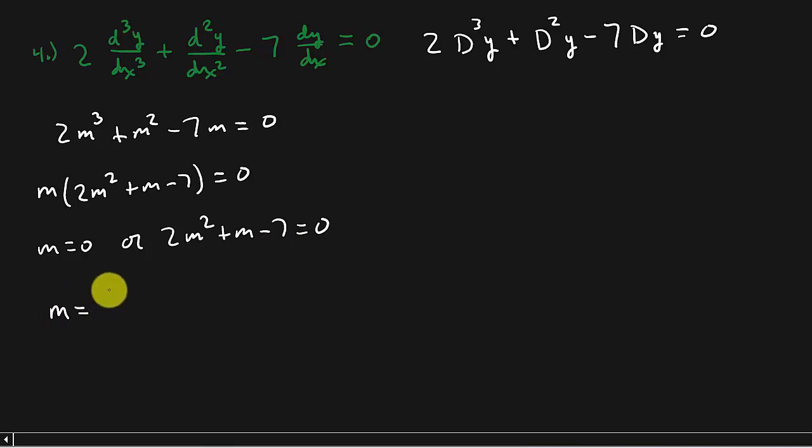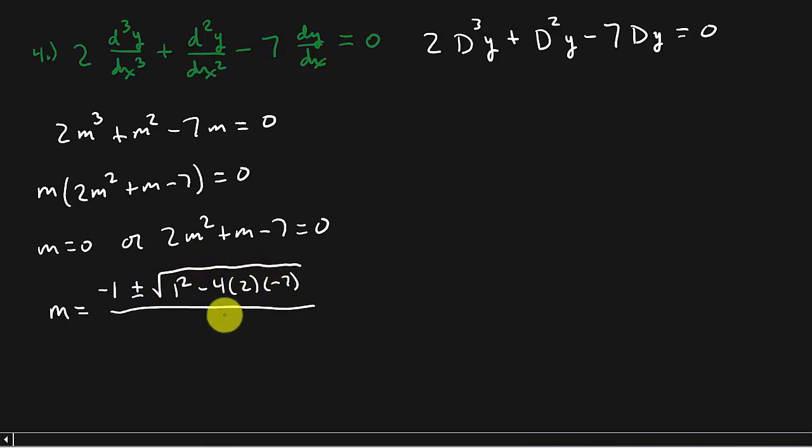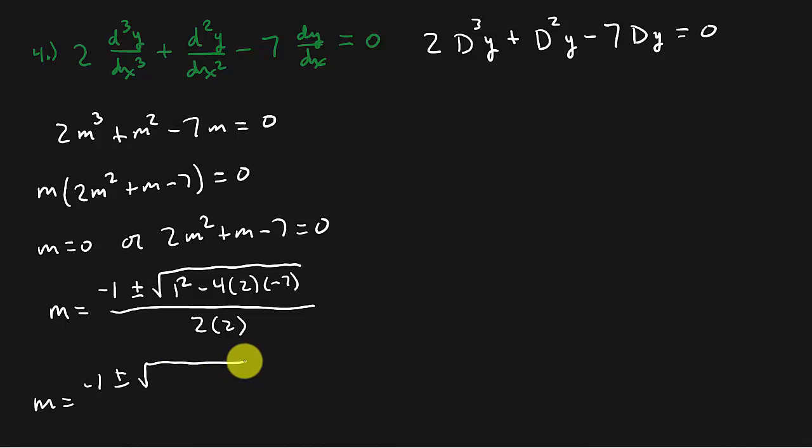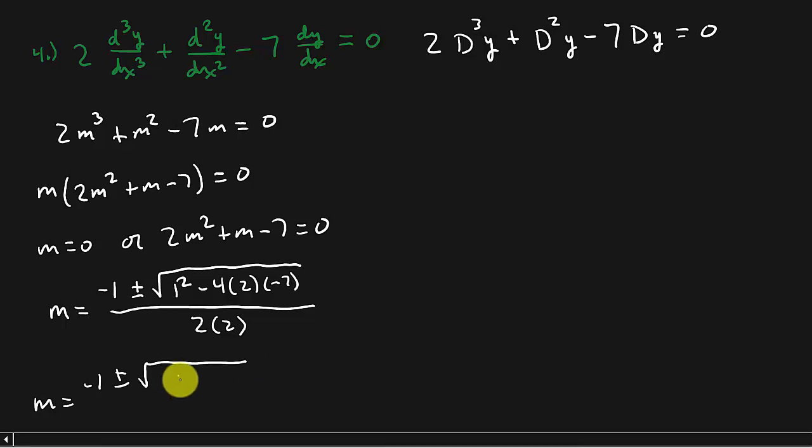Remember, minus b plus or minus the square root of b squared minus 4 times a times c, all over 2 times a. So m is equal to negative 1 plus or minus the square root of 1 plus 56, that's 57, over 4.